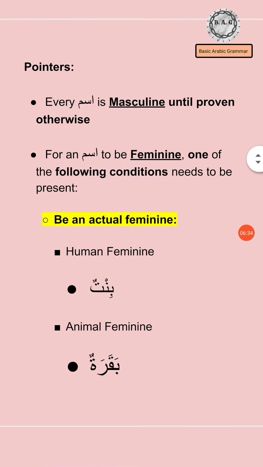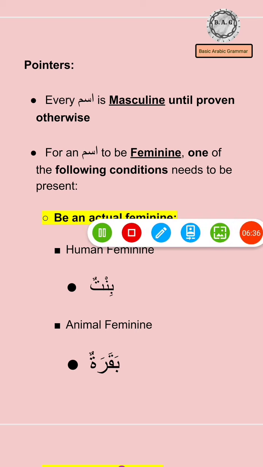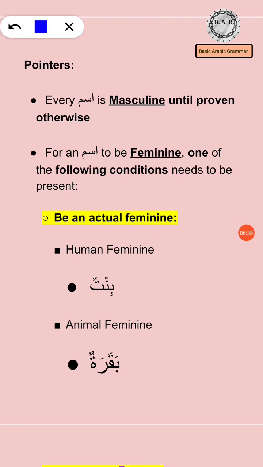So let's begin. The first thing we need to remember is that every ism is masculine until proven otherwise. Every ism is masculine, no matter what it is. If you see an ism and you run it through the feminine test, and it comes out to be feminine, then that is it. Otherwise every ism is masculine.